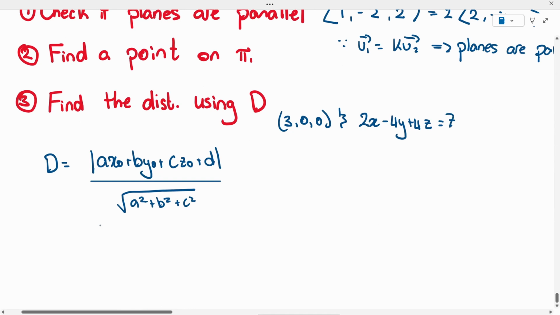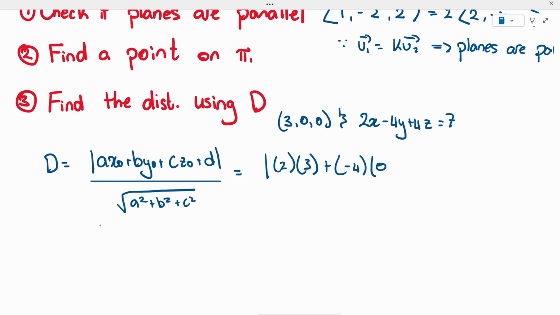If we substitute this, we get the absolute value of a, which is 2, times x0, which is 3, plus b, which is minus 4, times y0, which is 0, plus c, which is 4 times 0. D is, of course, 7.